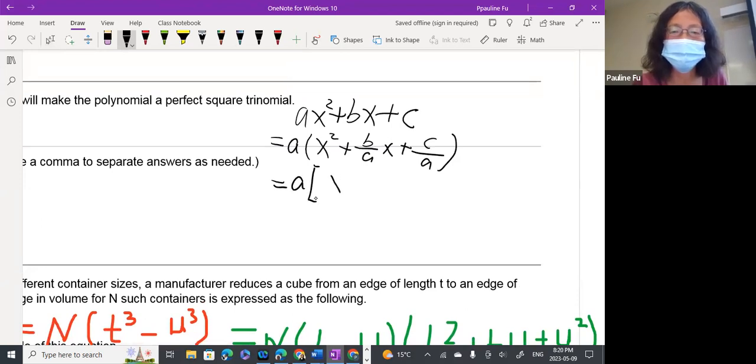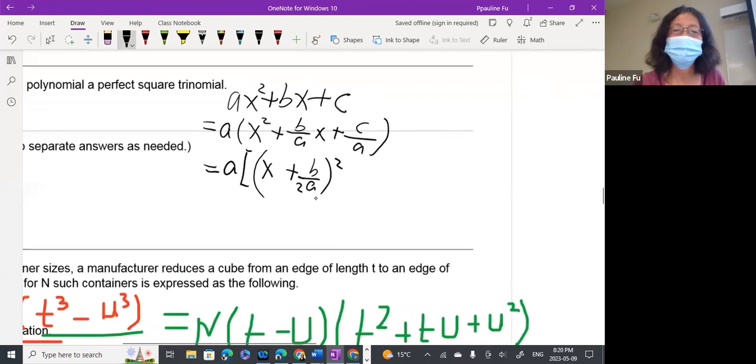The purpose is to create something like this, a square.